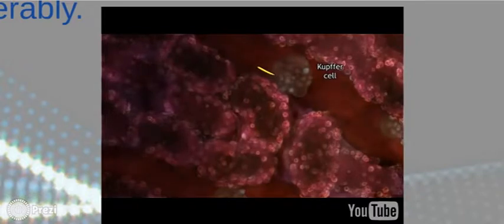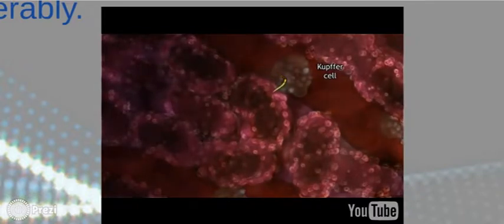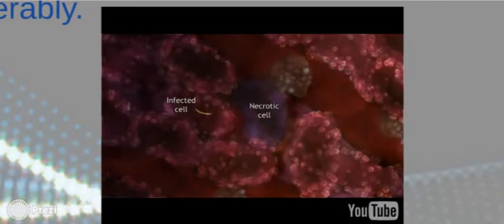A sentinel Kupffer cell is the entry point to liver tissue. Leaving the blood, the parasite infects a liver cell, killing one or more other cells on its way.